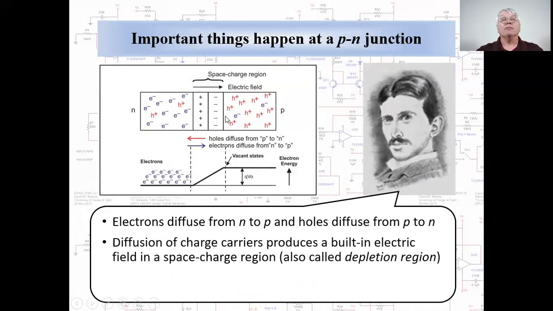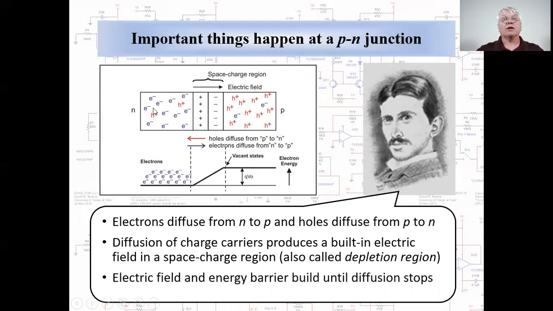The N side then acquires a net positive charge as electrons leave, and holes leaving the P side give it a net negative charge. This charge layer creates an electric field that opposes diffusion, and any mobile hole or electron in the space charge region will be swept out, leaving this so-called depletion region devoid of mobile charge carriers.